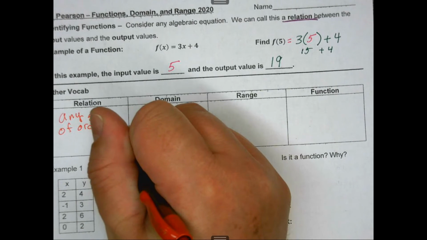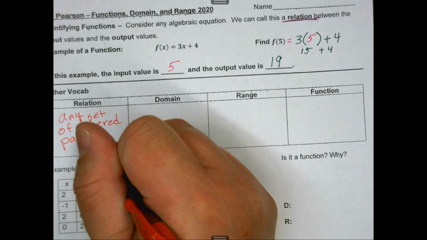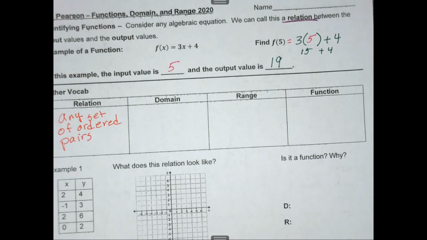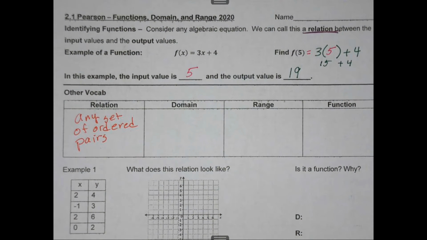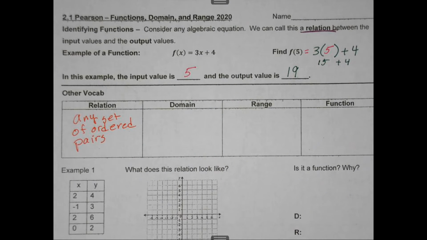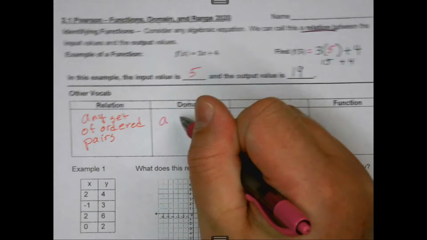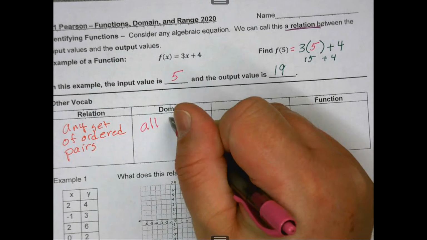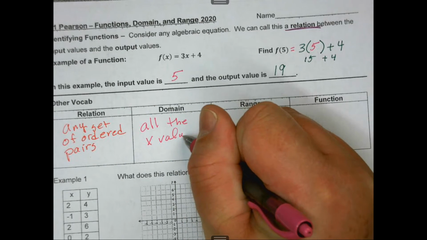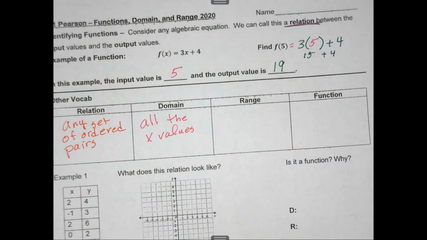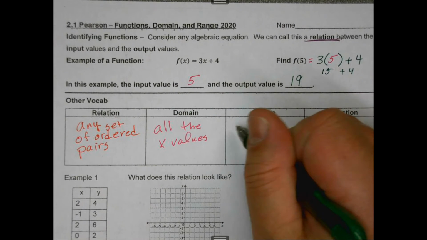And in Algebra 2 and Algebra 1, you use the Cartesian graph for this ordered pair, an x and a y. Now, the domain is a set of all the x values. Which makes the range the set of all the y values.